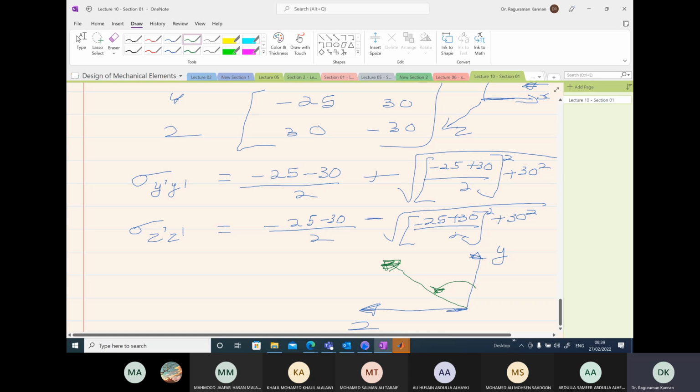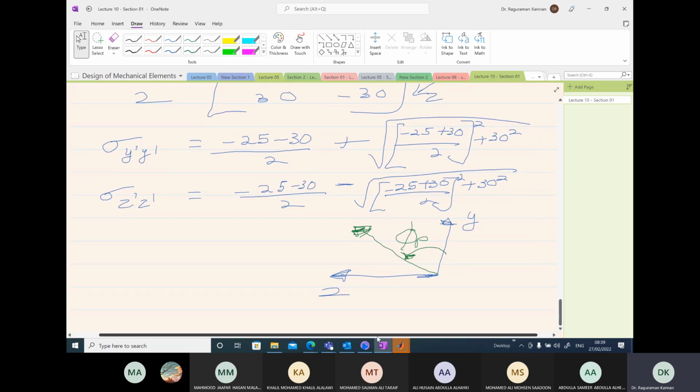So y cross z will give you this, and this will be your principal direction. And you will be asked in the exam to provide the angle phi p and show it graphically in which direction it is. So you have to understand all these directions properly and then calculate it.